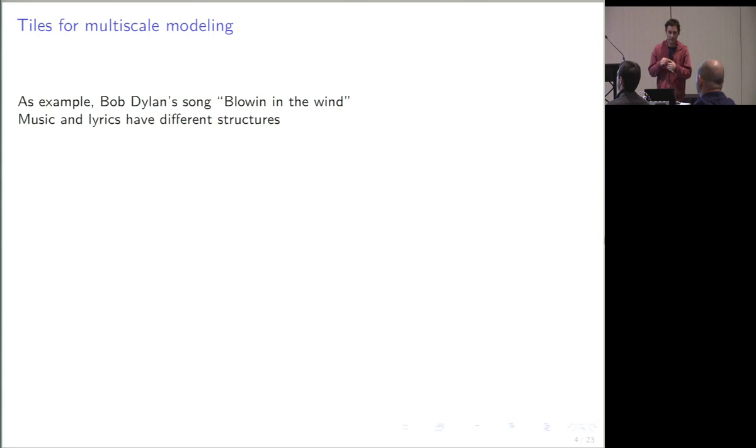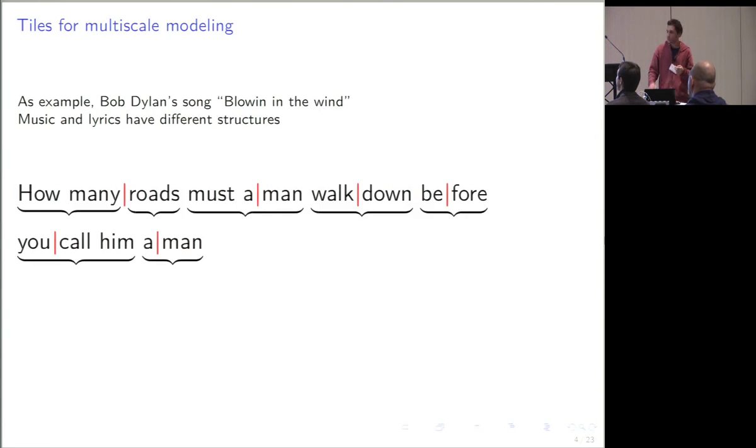But the problem is if we want to describe phenomena that have several structures involved, such as in Bob Dylan's song "Blowing in the Wind", then the music and the lyrics have different structures, and we would like to be able to express how those structures interleave.